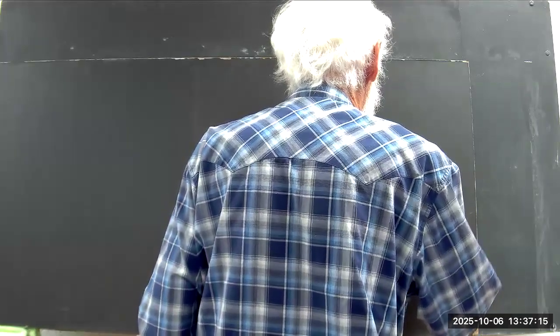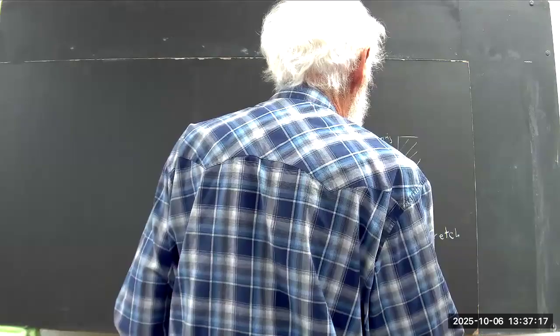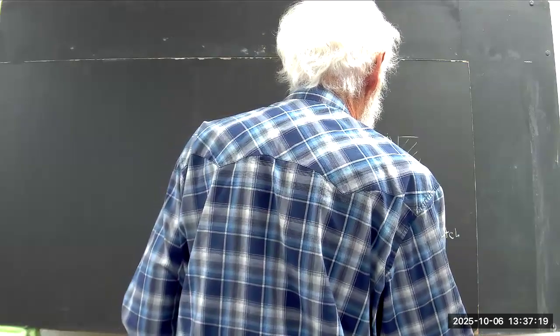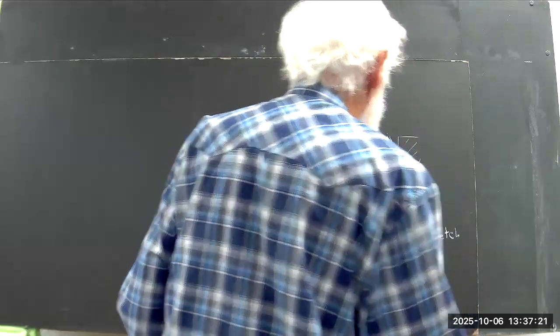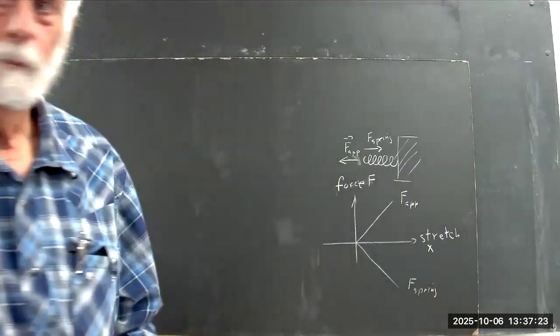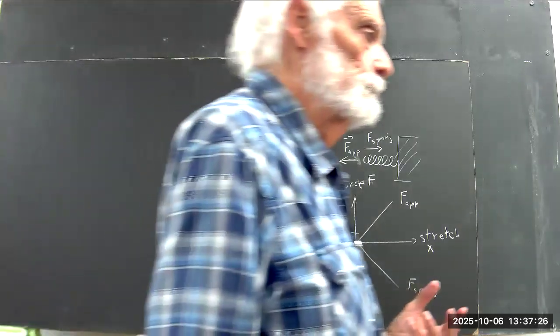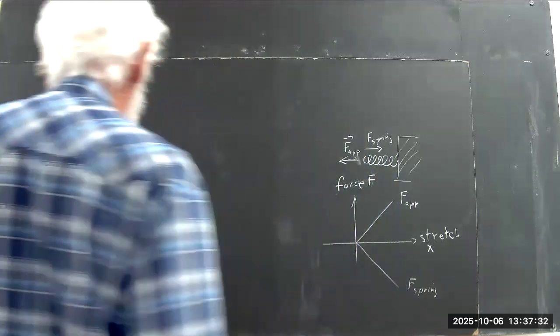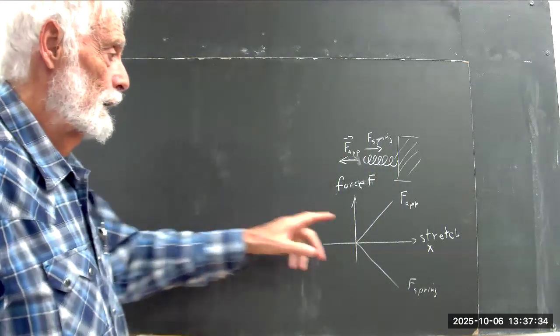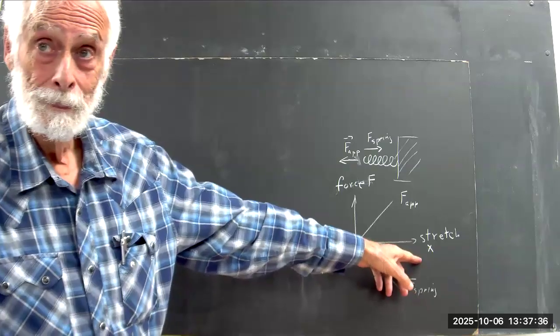So this is the applied force. This is the force of the spring. For an ideal spring, as long as you're in the ideal range, the force exerted by the spring is a linear function of your stretch.